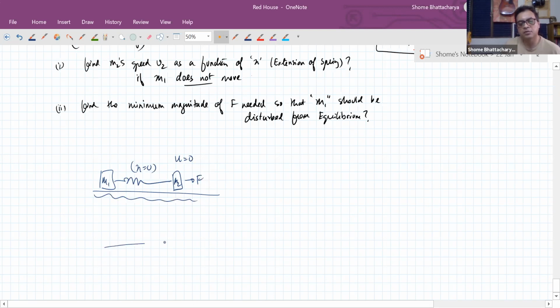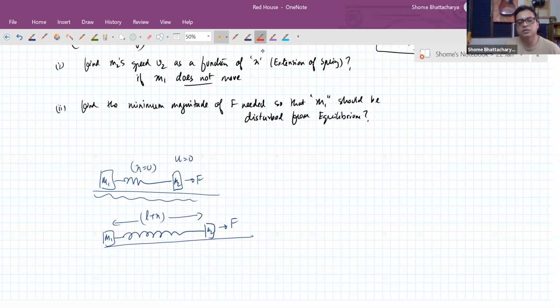Now, after some time, if m1 has not moved, but the spring has got extended by x, because this force was greater than the limiting friction. So you can see that this block here has got displaced by how much? It's got displaced by x.